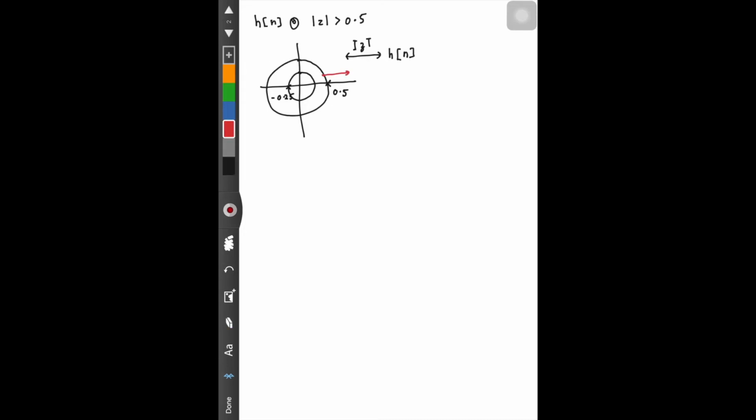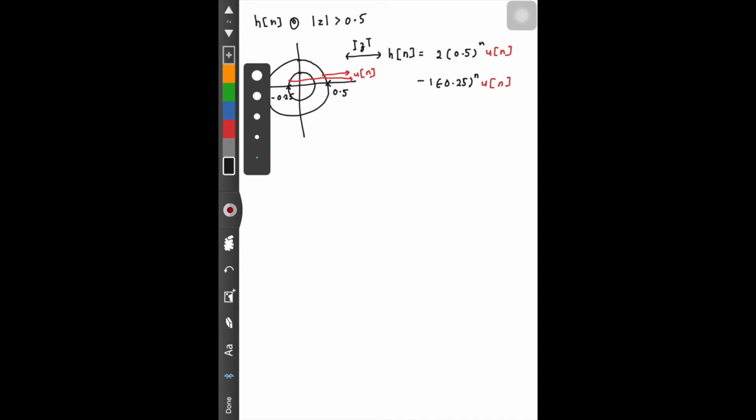This is right-sided, so all your poles will approach to the right with the function of u[n]. So here the function is u[n] for both poles. Done for question 3 part 1.